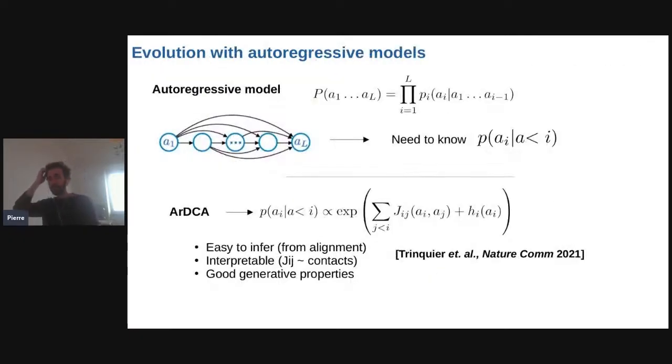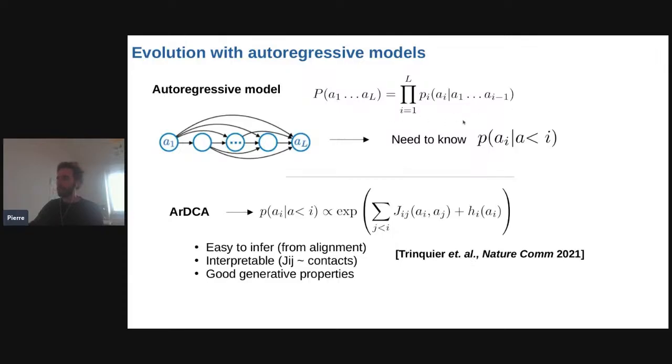So this is where the autoregressive model comes in. The idea of these autoregressive models is that you write the probability of any sequence A1 to AL, where these are amino acids and the sequence is of length L, as a product over conditional probabilities.